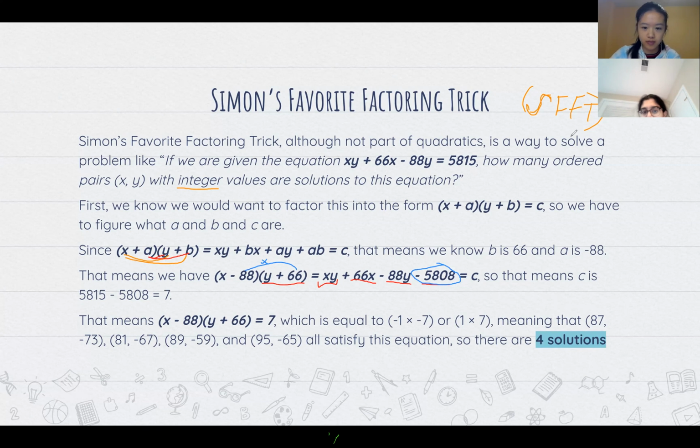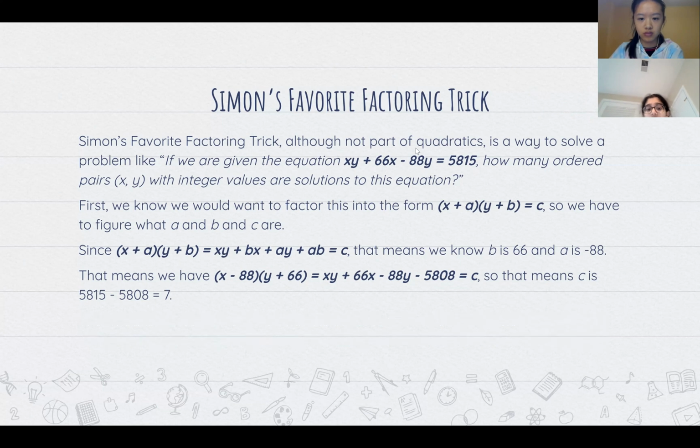Essentially, Simon's favorite factoring trick is knowing you want to factor something into the form x plus a times y plus b is equal to c, and you want something in that form. So you multiply that out, and you make the coefficients of the x and the y values align. In this case, b is the coefficient of x, so b would align with 66, and a is the coefficient of y, so that would align with negative 88.